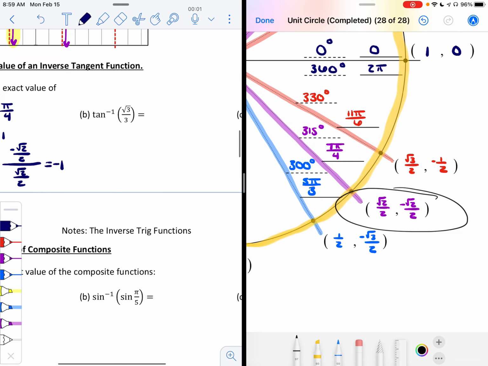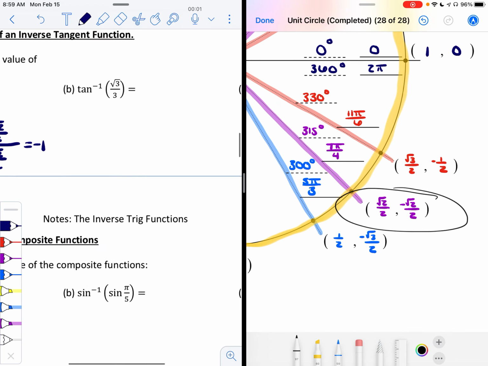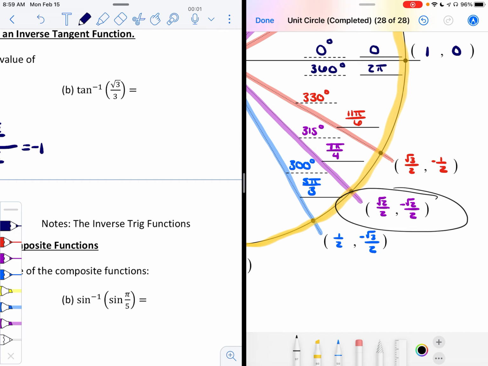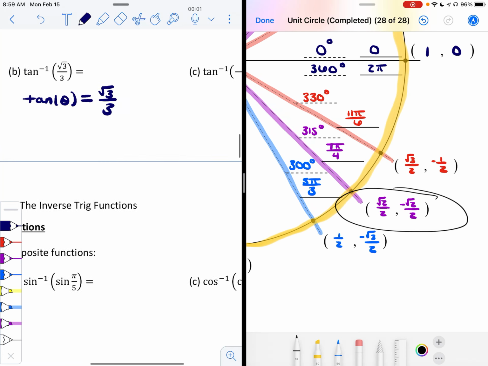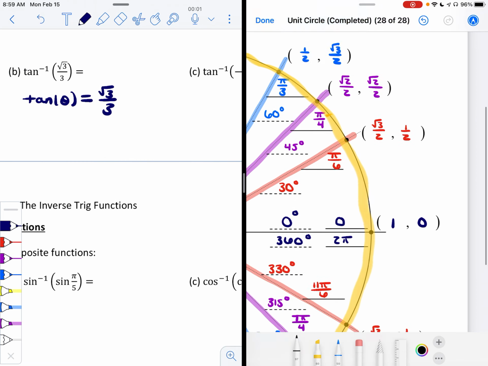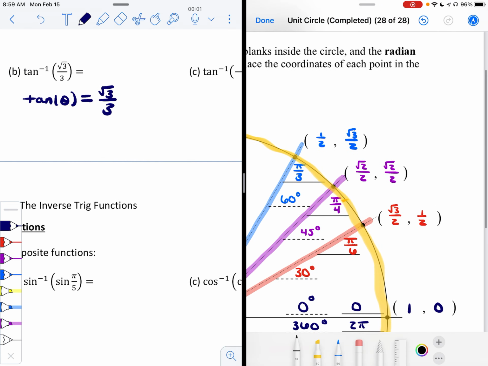Okay, let's go ahead and look at part B. So inverse tangent of root 3 over 3. So again, we're trying to figure out tangent of what angle theta is equal to root 3 over 3. Just to think about this, root 3 over 3 I know is a rationalized number.